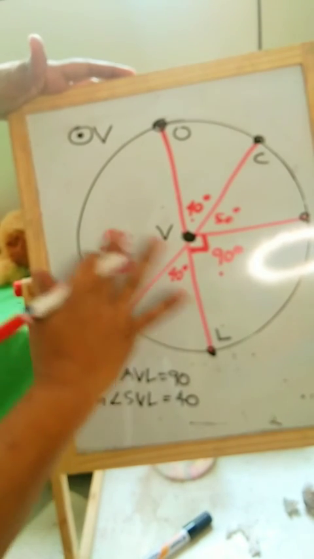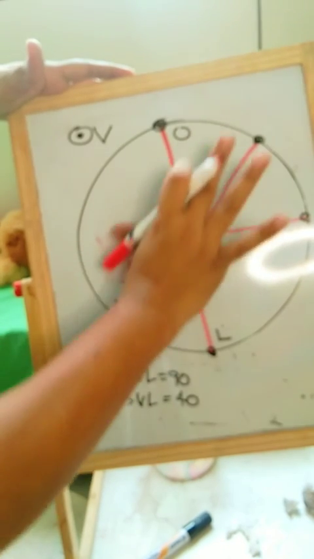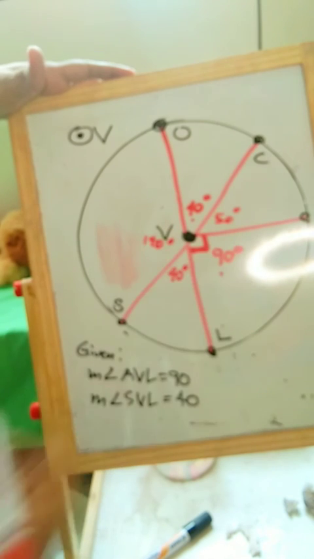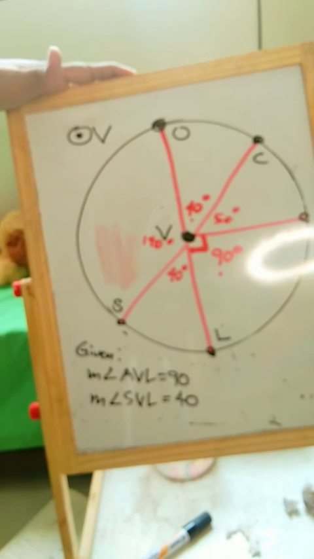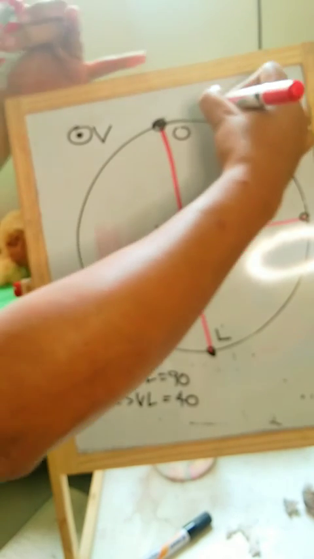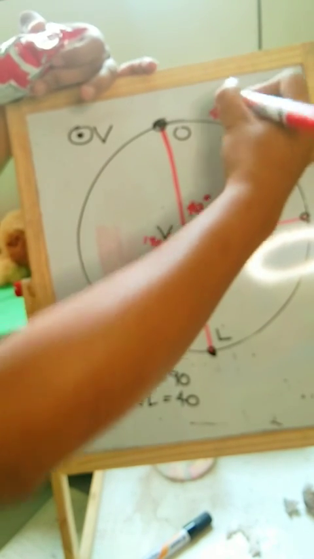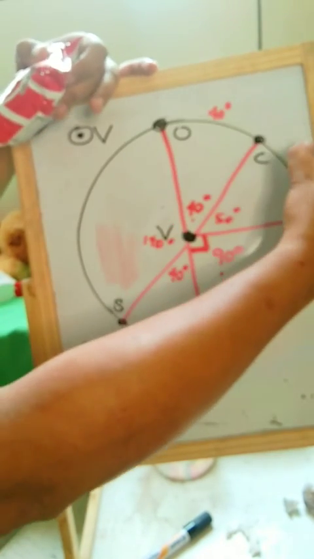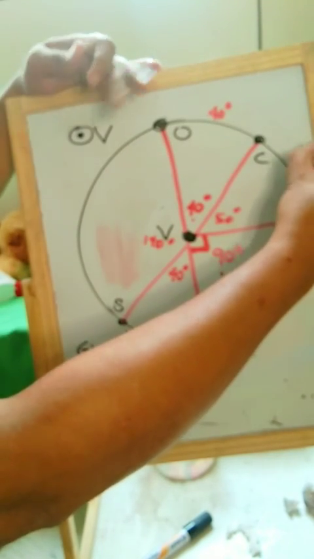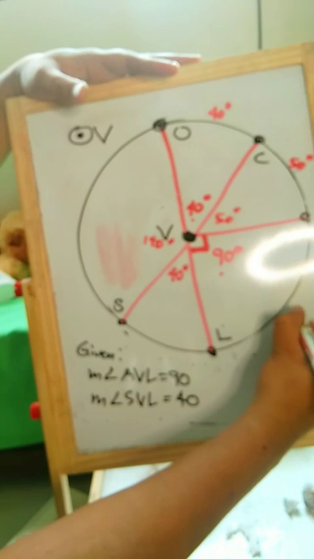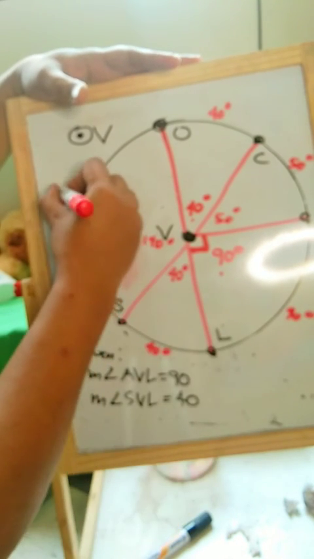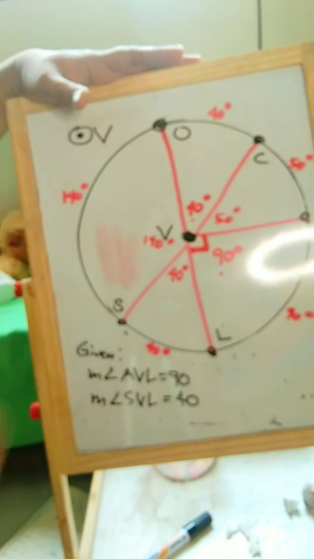So the measurement of this particular angle here is equal to 140 degrees. So this particular arc here, since it is intercepted by this angle, this measures 40. This measures 90, this measures 40, and this measures 140 degrees.